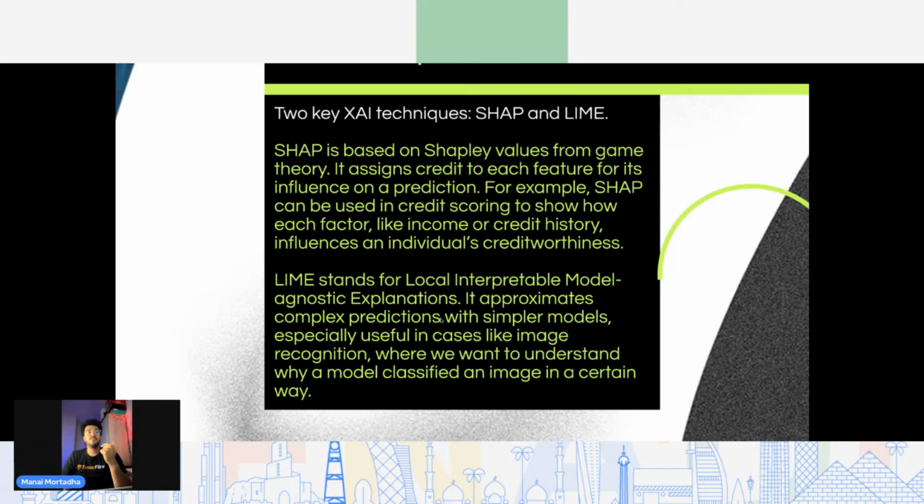It approximates complex predictions with simpler models, especially useful in cases like image recognition, where we want to understand why a model classified an image in a certain way. You know the famous image recognition project, when we start learning a little bit about data science and AI engineering, is the classification and prediction of cat and dog images.